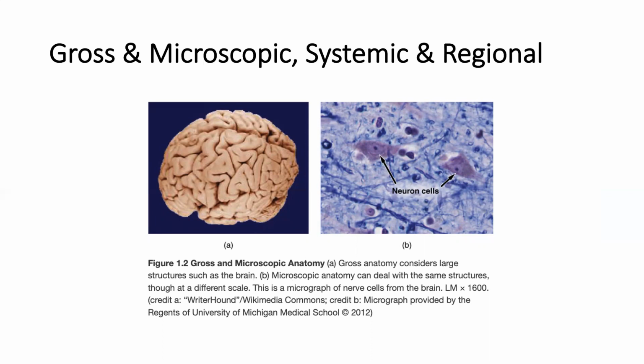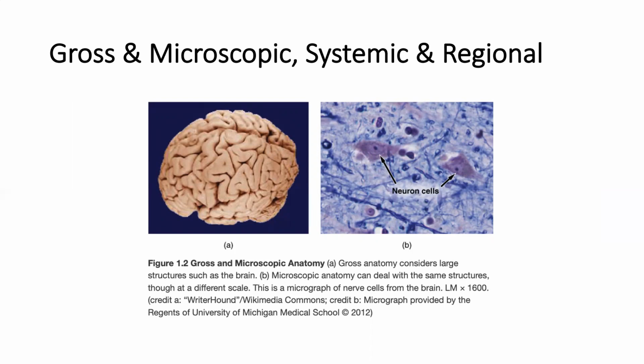If we want to look at neurons, a neuron is the basic functional unit of the nervous system, we have to use a microscope. Just take a piece of brain tissue, prepare it, put it on the microscope and look at it. Therefore, this becomes microscopic anatomy.